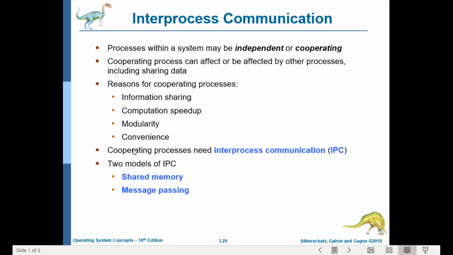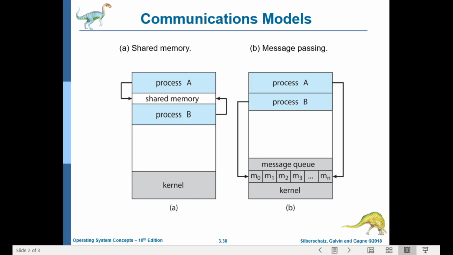So cooperating processes need interprocess communication, known as IPC. We have two models of IPC: shared memory and message passing. Let's look at the difference between these two. For shared memory, as its name implies, we have a region of memory that is shared by the cooperating processes.